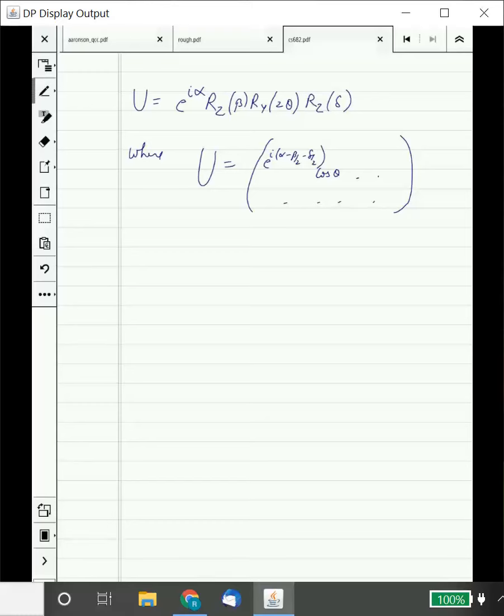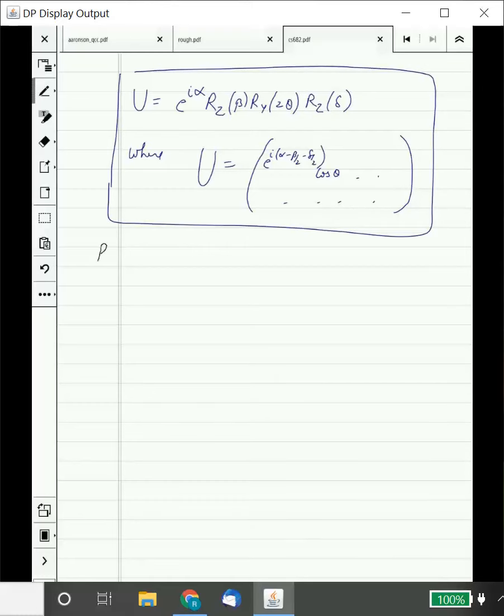You will see that the exact form is not important. You can check it in the notes. The proof is given in Nielsen and Chang.